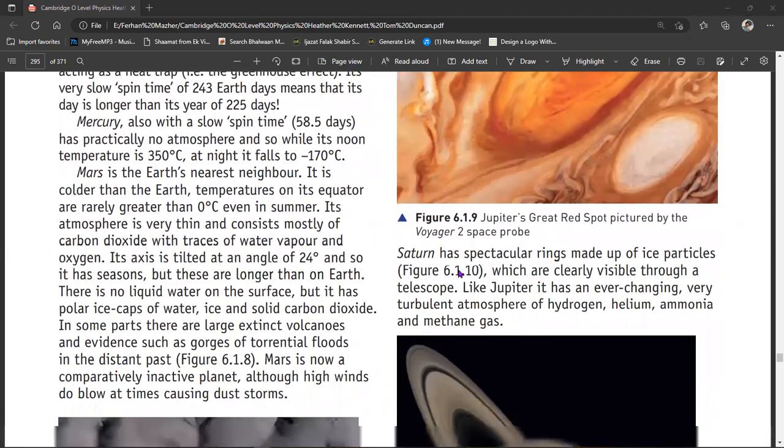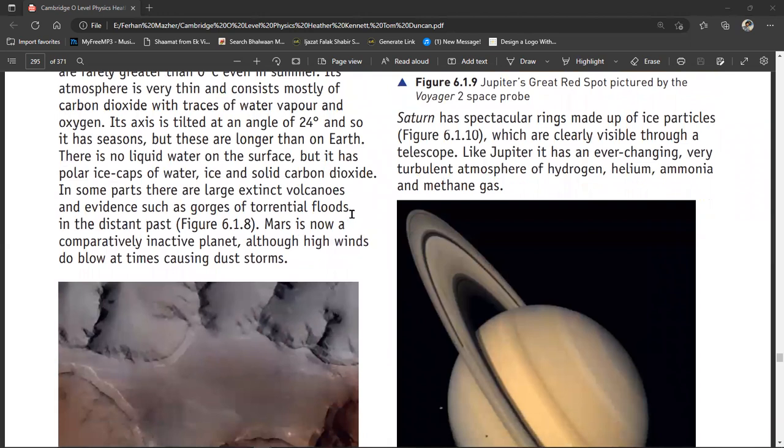Saturn has spectacular rings made up of ice particles, figure 6.1.10, which are clearly visible through a telescope. Like Jupiter, it has an ever-changing, very turbulent atmosphere of hydrogen, helium, ammonia, and methane gas.